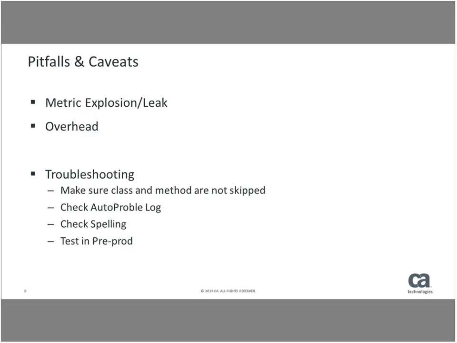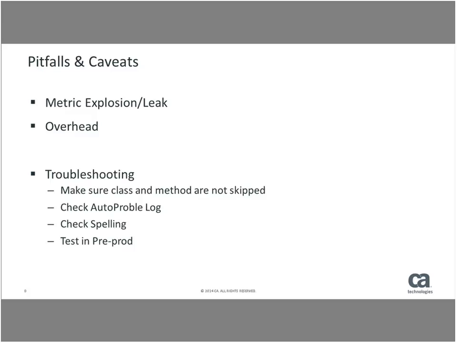You'll see towards the end that it provides a message. It's not a very descriptive message, but once you look at the auto probe log, you will know that something is wrong with the instrumentation. So most likely it's the spelling. Okay, and obviously the most important thing is to test in pre-production, right?